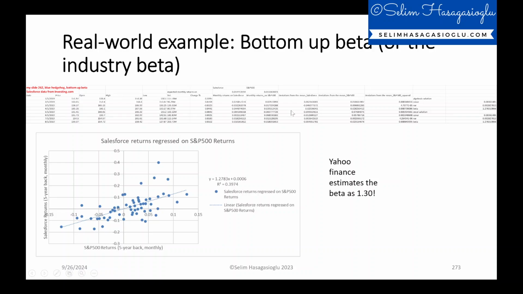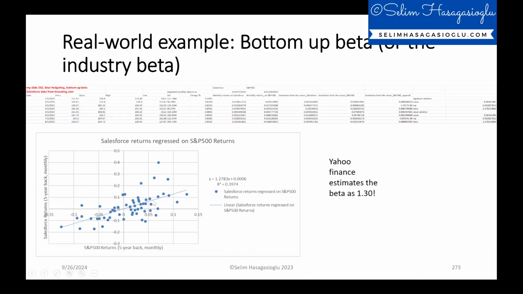So remember, you are already familiar with this regression procedure. We have monthly returns on Salesforce and monthly returns on the S&P 500. Based on that, you can calculate the covariance, variance, and beta of Salesforce. Of course, you can also do the regression. The horizontal axis will be S&P 500 returns, 5 years back monthly, and the vertical axis will be Salesforce returns, again 5 years back monthly.